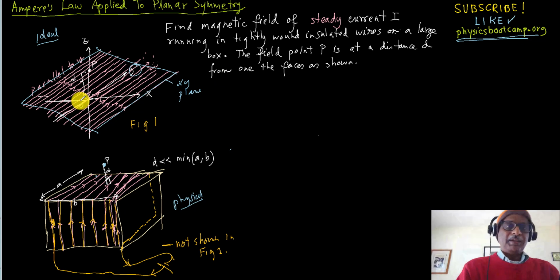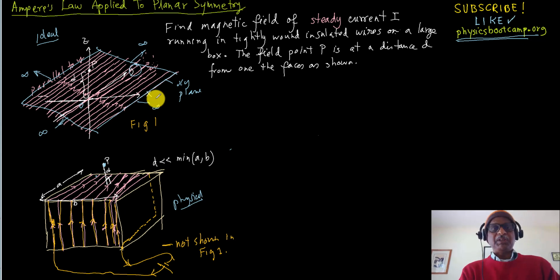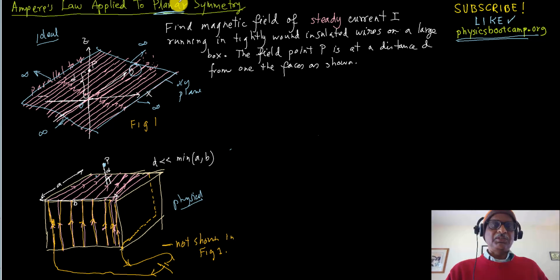Now this is going infinite in every direction. That's what we mean when we say the current has a planar symmetry. It's just a name. That's what we mean in an Ampere's law situation, and you will see the application of how this is going to be.